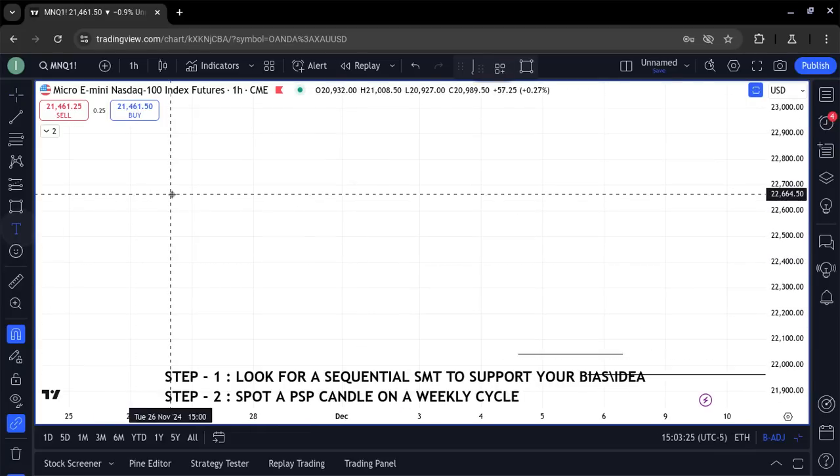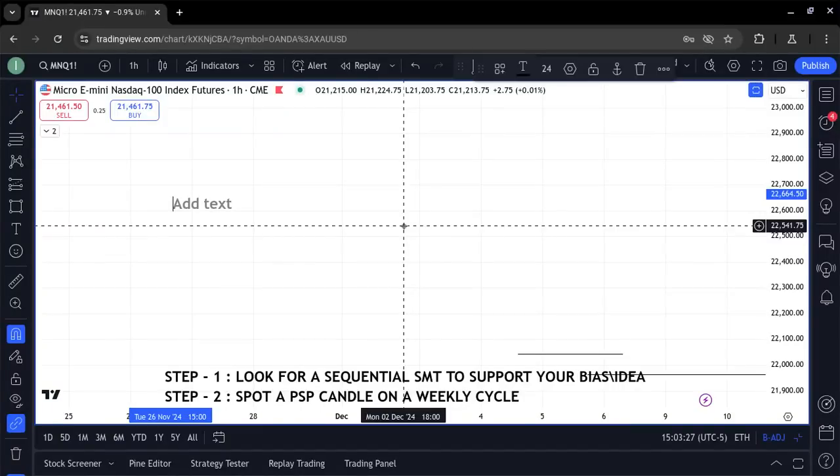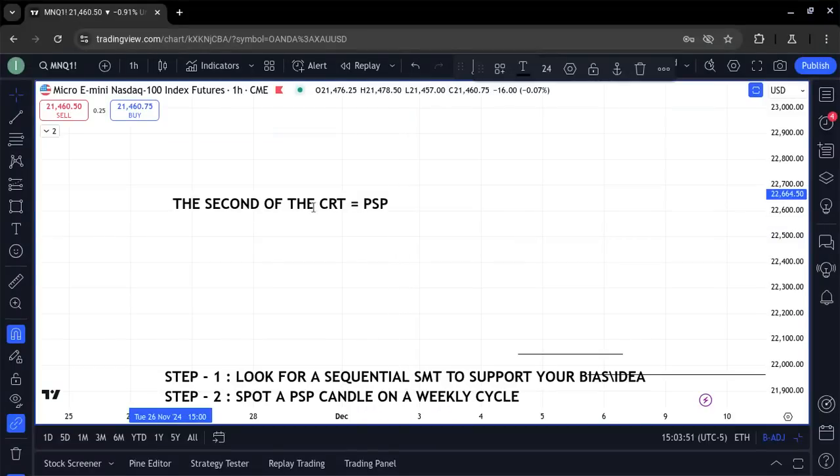Now I'm combining two different ideas into one, forming a literal fusion of multiple strategies into one. So the second candle of the CRT range is, in my opinion, the PSP candle, the precision swing point.